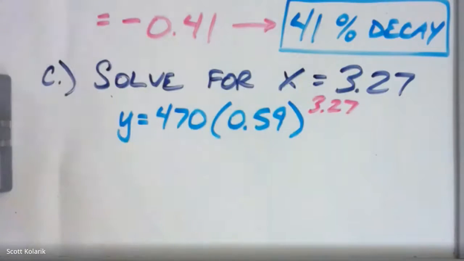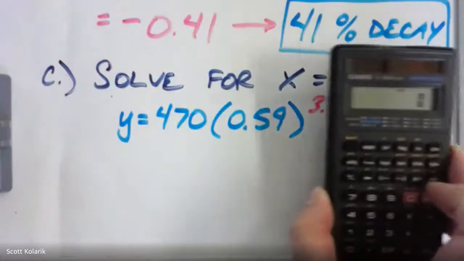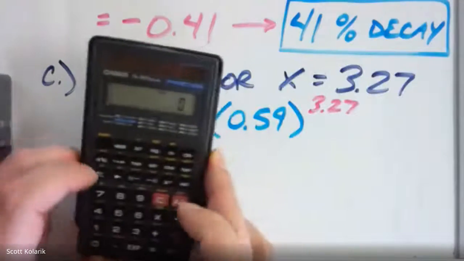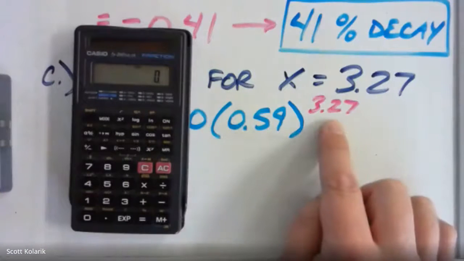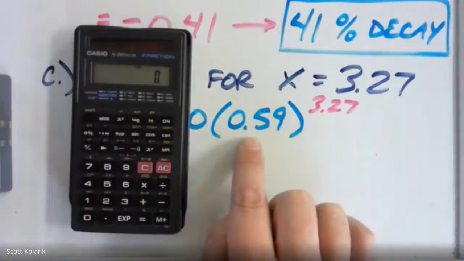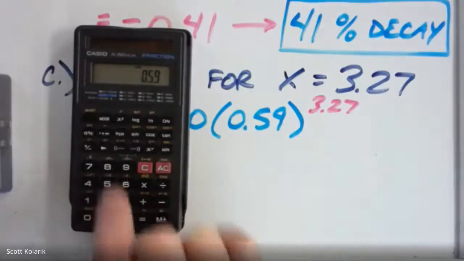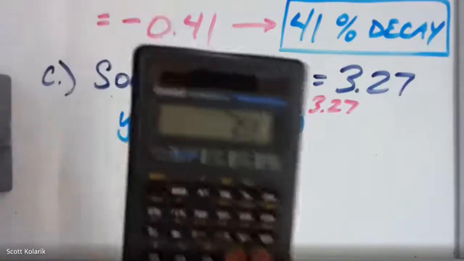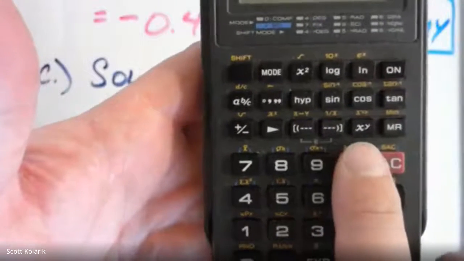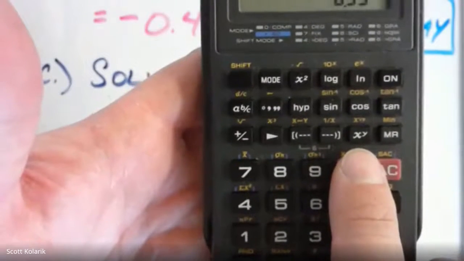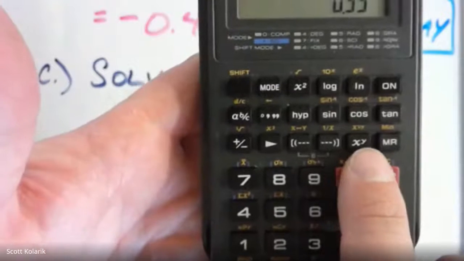So pay attention to this. I'm going to show you how to do it on a calculator. On your calculator, if I want to do 0.59 to the 3.27 power, I'm going to start with my base number, 0.59. Let me zoom in here so you can see the button I'm about to use. All of your scientific calculators will have this button, x to the y power.